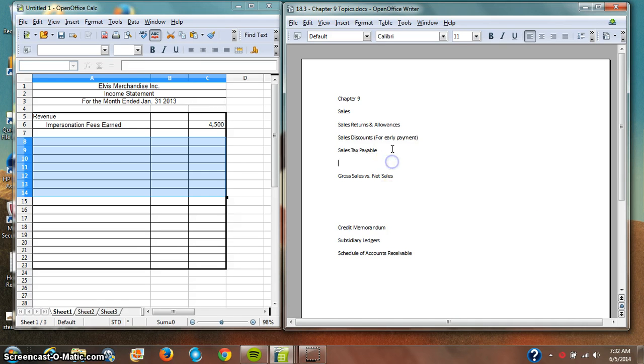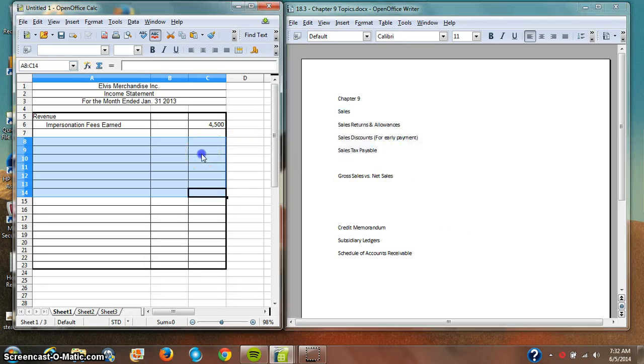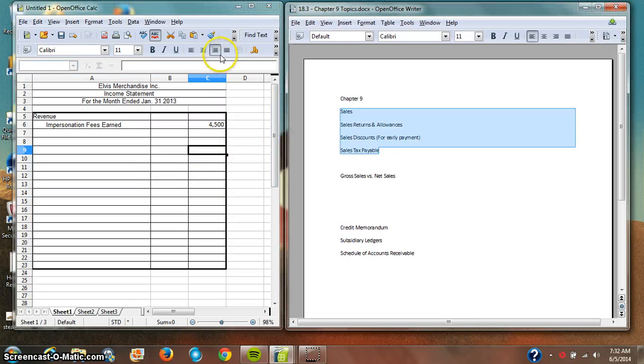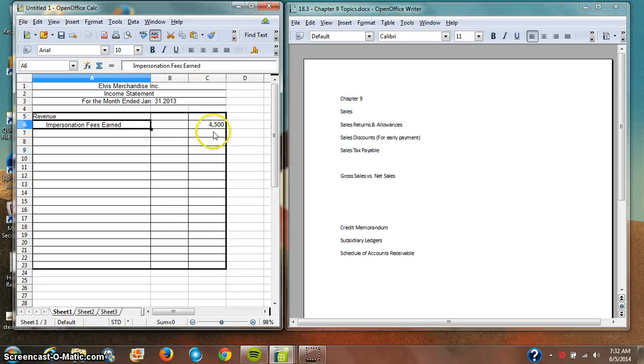These are the new accounts that we're going to introduce: sales returns and allowances, sales discounts, and sales payable. These are T accounts. And I'm going to show you how to use these as T accounts as we work through a problem. But before we get there, I just wanted to show you how these show up on the income statement. Just observe this now, and we'll get to this eventually. But I just wanted to show you, first of all, where this is going, because I think it'll clarify the stuff that we do in the T accounts.